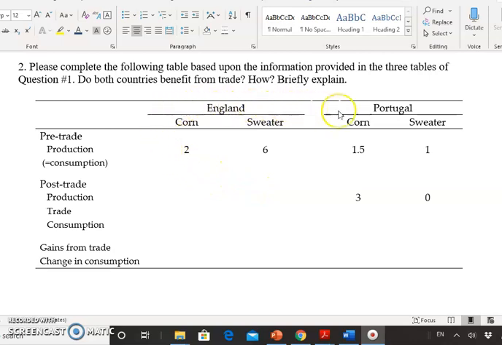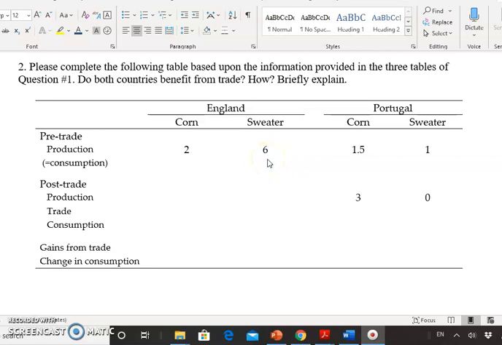Let's spend a little bit of time talking about the structure of this table. Here you find 2 countries, England and Portugal, and the units of corn and sweaters they produced. In the first panel, or the top panel, you find the pre-trade production. So we already give you how much they produced without trade.